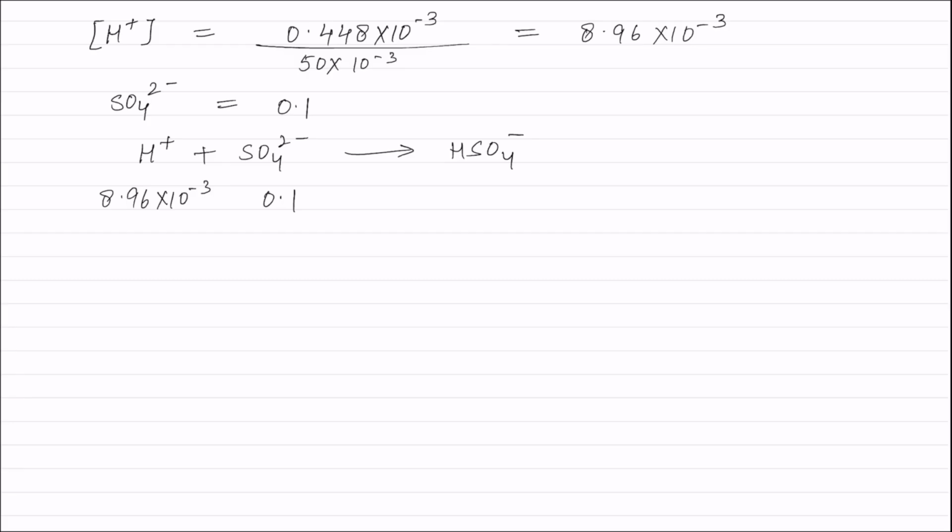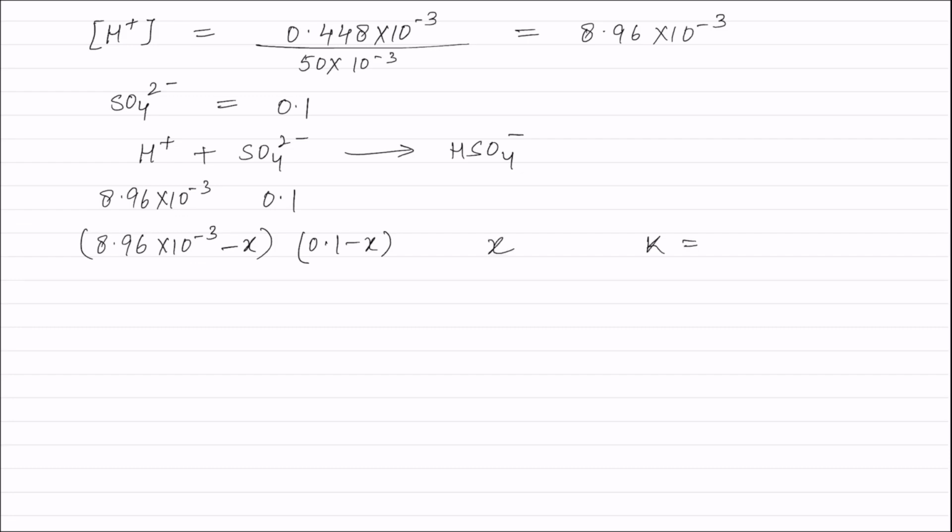Now if X moles of H⁺ combine with X moles of sulfate ions, then we can write the final concentration of H⁺ ions will be 8.96 × 10⁻³ minus X. The final concentration of sulfate ions will be 0.1 minus X, and the concentration of HSO4⁻ ions will be X.